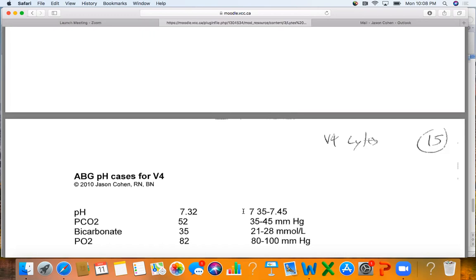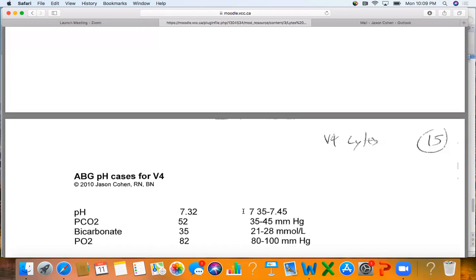Basic and alkalotic being the same thing. So acidic or basic? Well, it's on the low side, so it's acidic. So beside pH, write acidic. So right away, right off the top, we know we're talking about some degree of acidosis here.